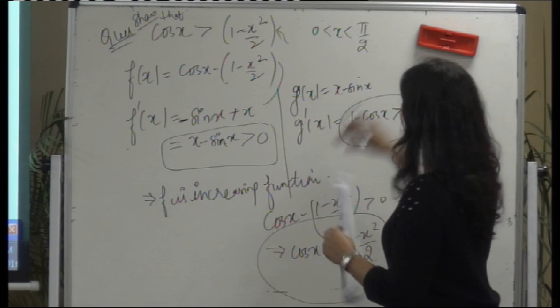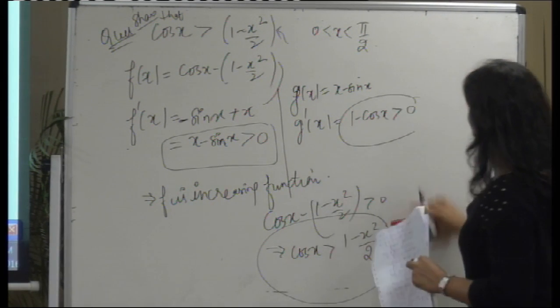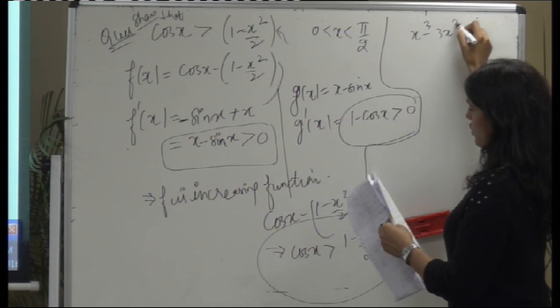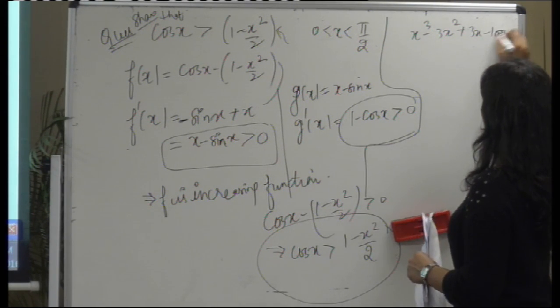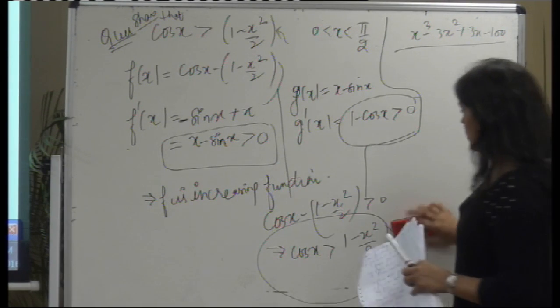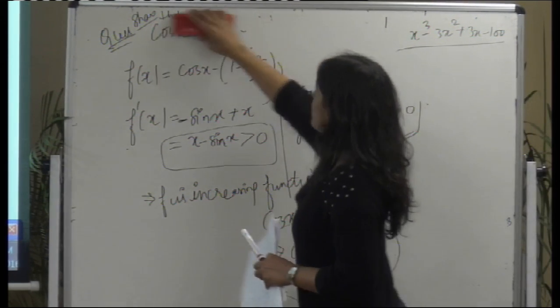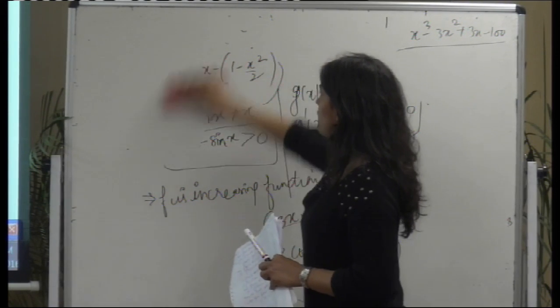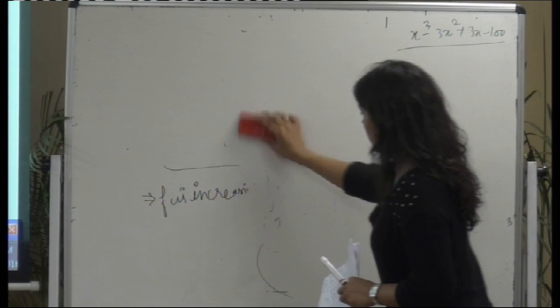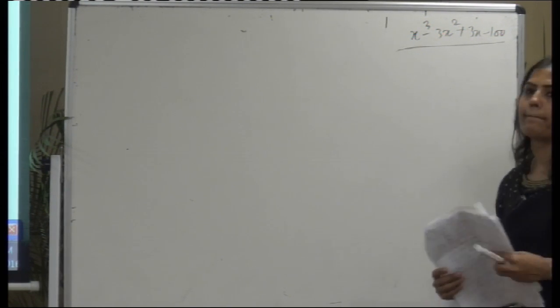Now take, okay, now what about this function? Quickly answer me, okay? Then I'll do the next question. Quickly tell me the behavior of this function, what type of function it is.